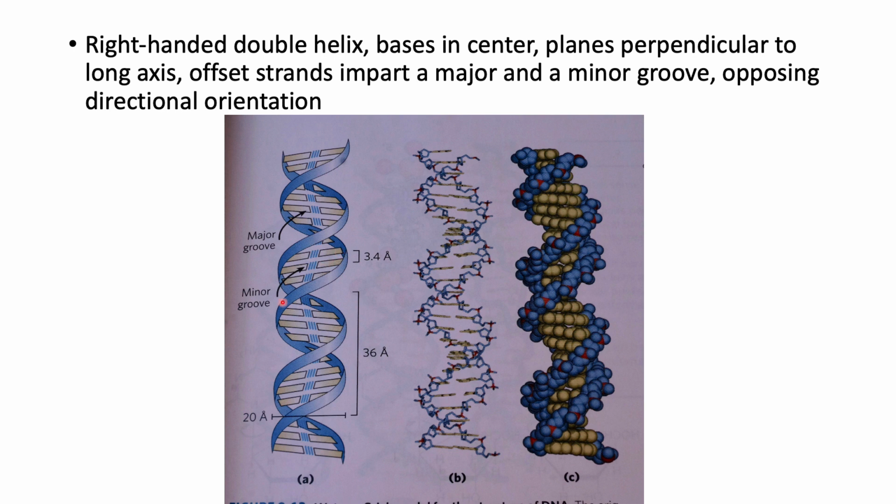So you have major and minor grooves. There's a major groove that would occur in this, and then minor grooves. The minor groove occurs with the individual base, and the major groove with the larger component of that.